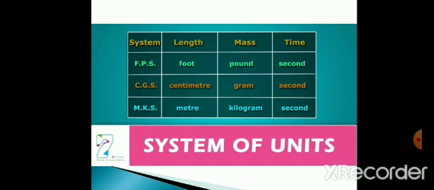Accordingly, there are 3 systems of units: FPS system, CGS system and MKS system. In FPS system, length is measured in foot, mass in pound and time in second.